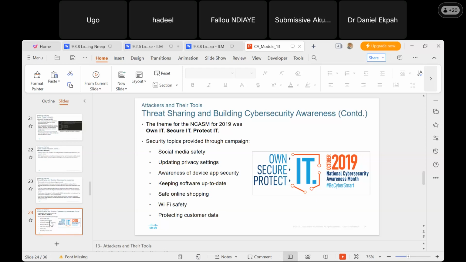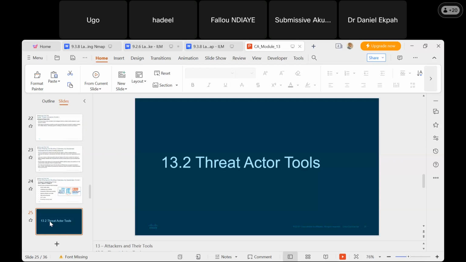So this is a slogan that you have to own IT, secure it, and protect it. And this is also done through some campaigns, and you can see the much awareness that has been made through this organization. That's the National Cybersecurity Awareness Month, which holds every October.